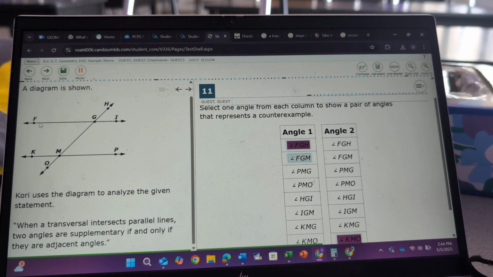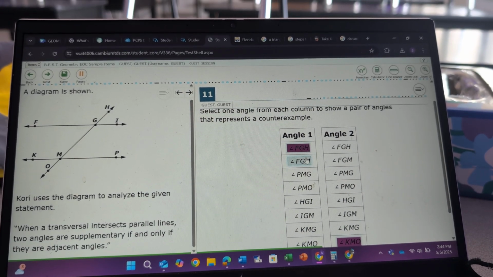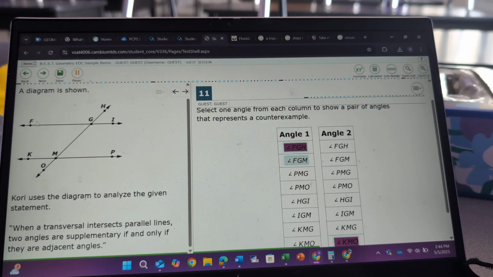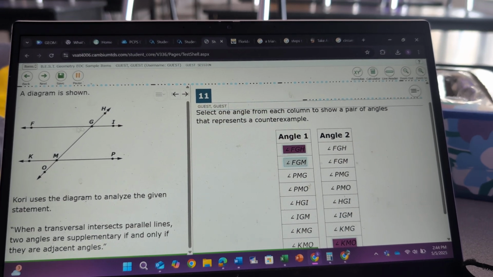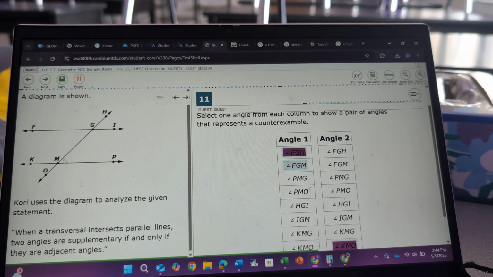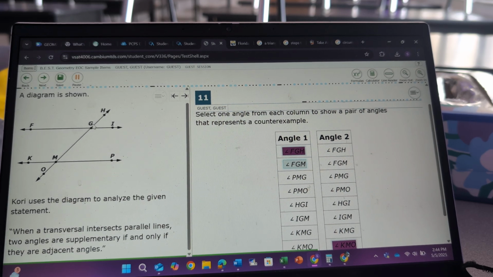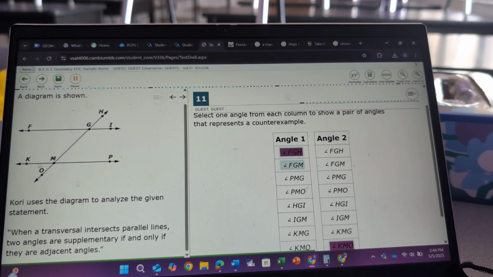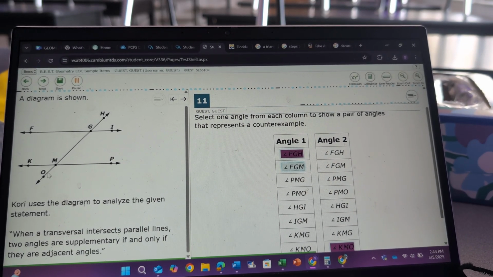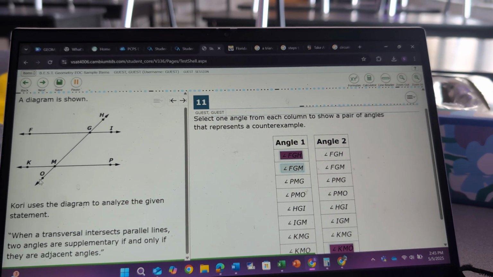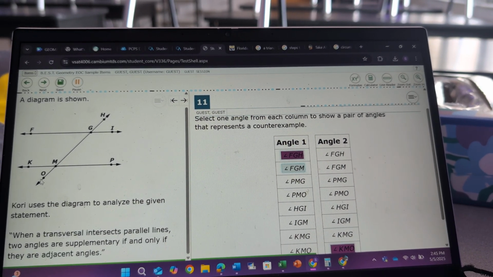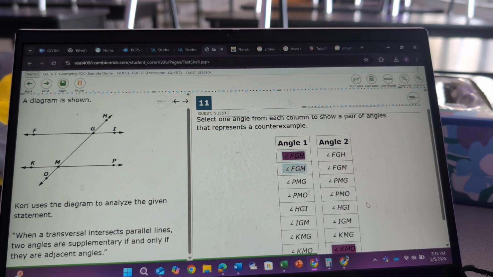FGM, this one right here, would be supplemental to this one down here. You see how that works? So that would be KMO.